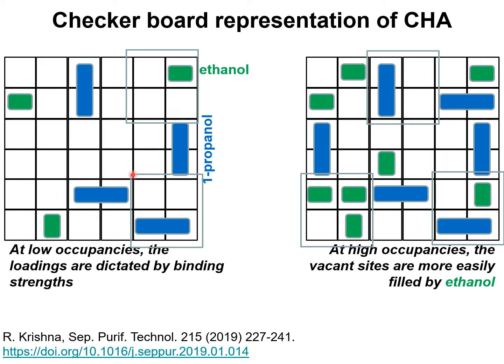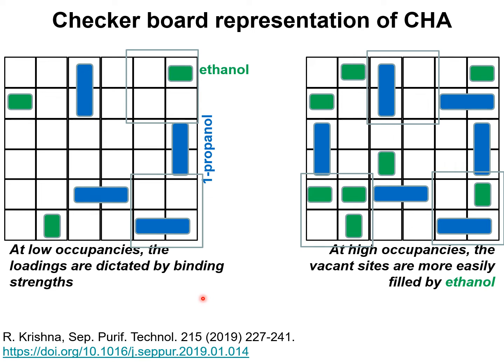Alternatively, a single cage of Chabasite zeolite can be occupied by 2 1-propanol molecules. At low pore occupancies, the component loadings are dictated by binding strengths.